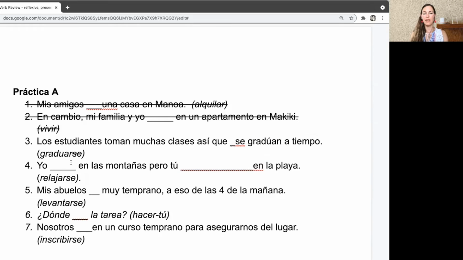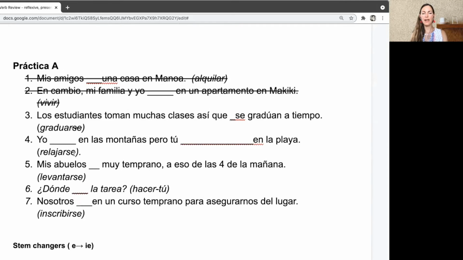Okay. Esta pregunta. Relajarse. Paso número uno. Step number 1. Take off that se. And pick what we want in the front. What do we want for myself? Me. Now we have an AR verb. What's our ending for yo? They all have the same ending for yo, which is o. So, me relajo.